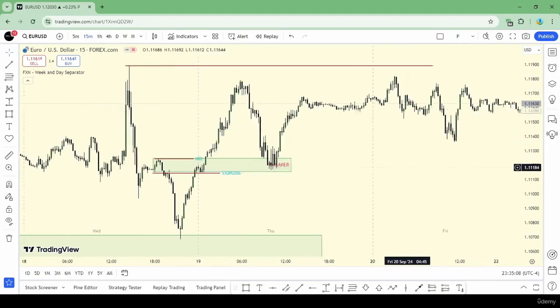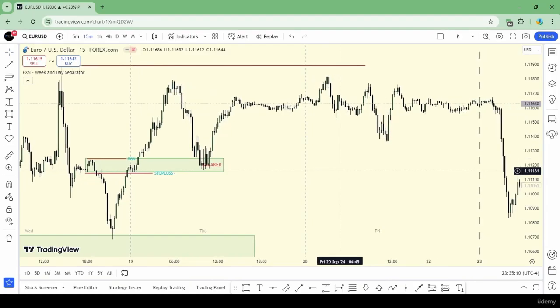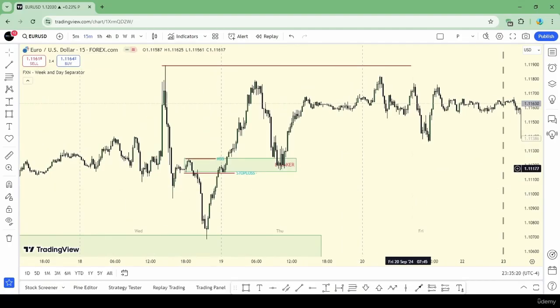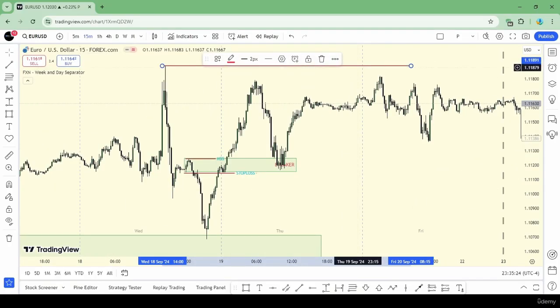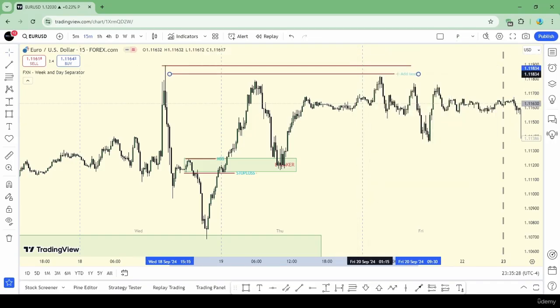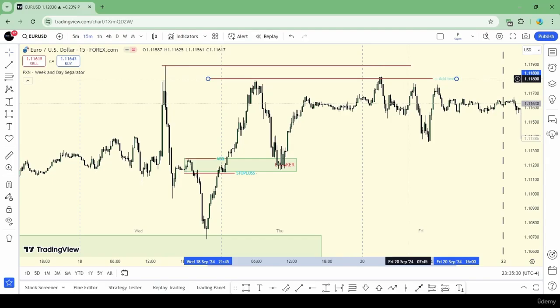So once the market hits it, we just extend. Once the market hits, that is where we want to offload our setup. As we can see, the market did not go to this daily high, but first we got to hit this daily high.